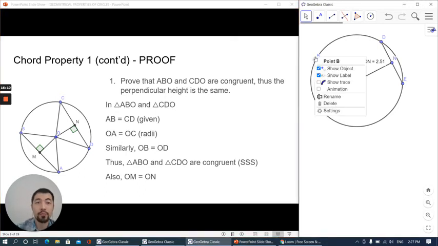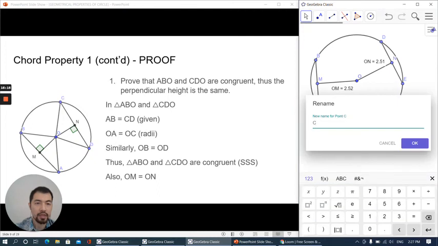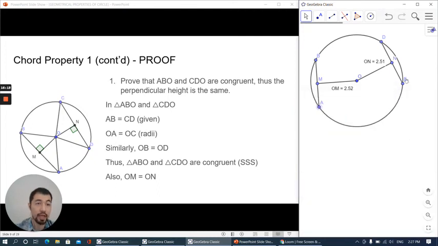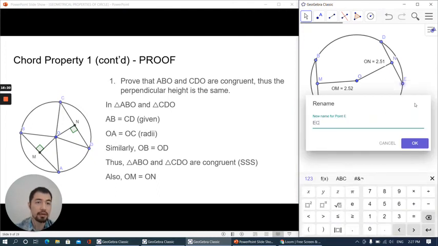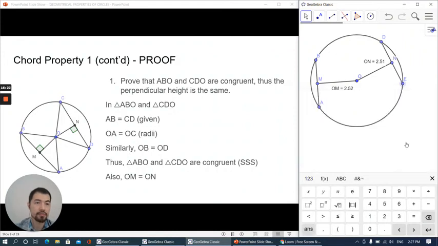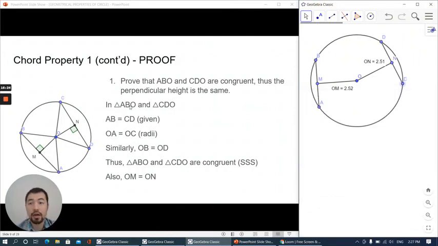So we want to prove that. How do we prove it? Just before I confuse everyone here, I'm just going to rename here. So we look at the triangle ABO and then CDO.